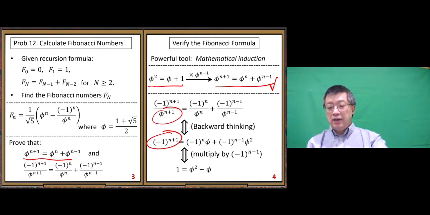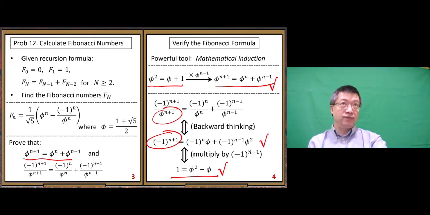After simplification, we get this, and this is one of the properties of the golden ratio. We know it is correct. Then, based on the equivalency with the previous formula, the previous one is also correct, and based on another equivalency, it's also correct. So all correct, we verified.